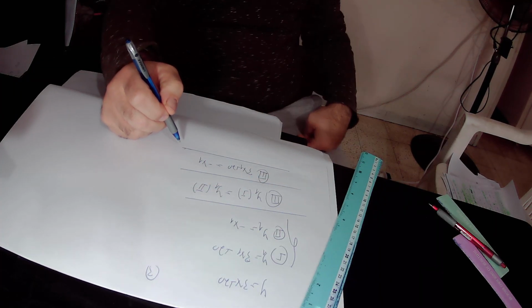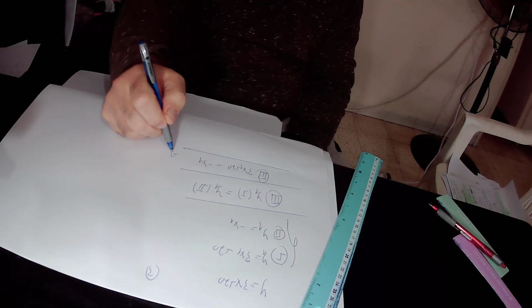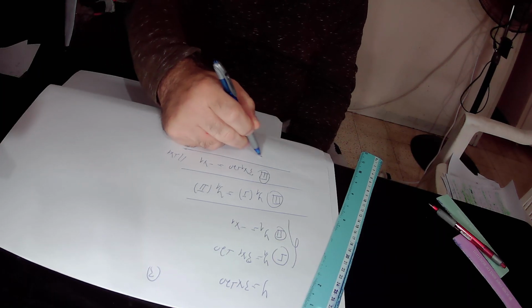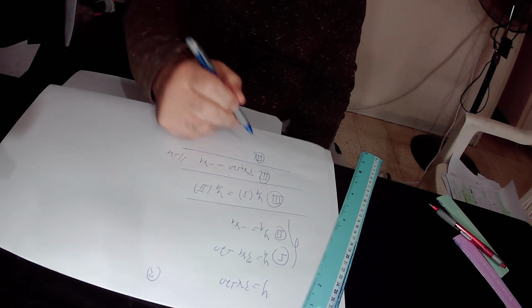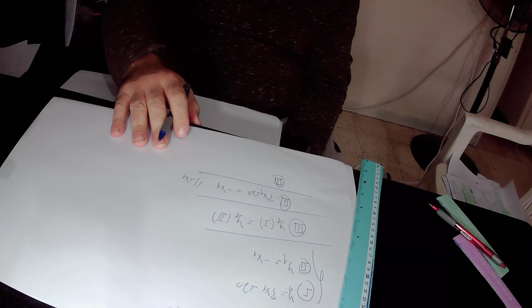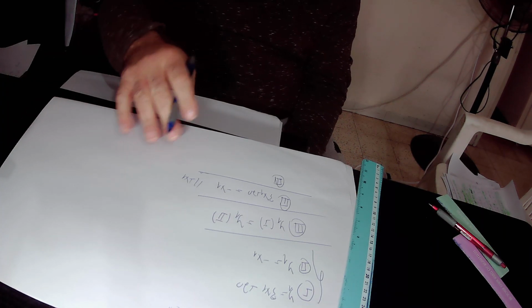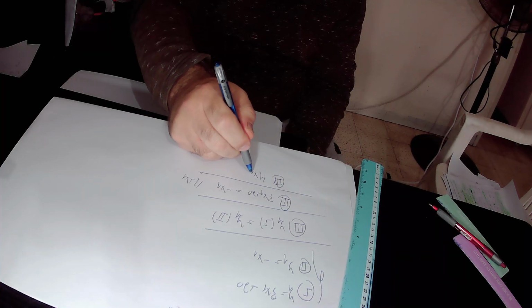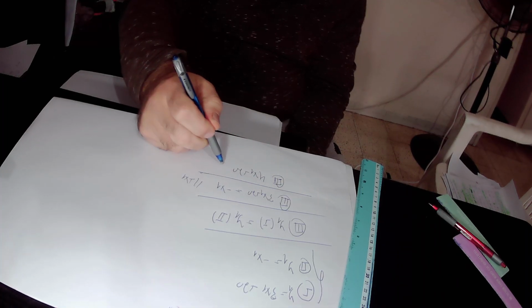Here we relate x1 to this equation 3. And again, according to equation 3, 3 times x1 plus 1 x1 is 4 times x1 plus 20 equals 0.